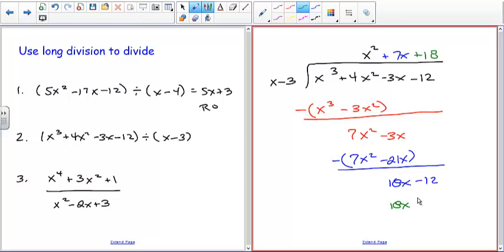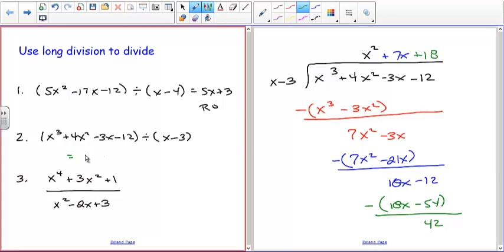So it's going to be negative 54. But I'm really subtracting that. So those go to 0. And what I'm left with is negative 12 plus 54, which is going to be 42. So the answer for this one is going to be x squared plus 7x plus 18 with the remainder of 42.